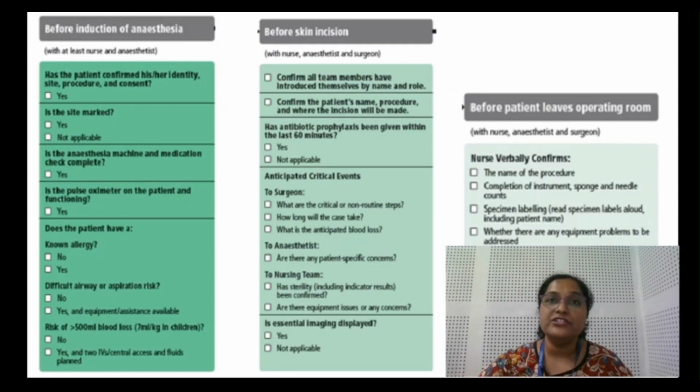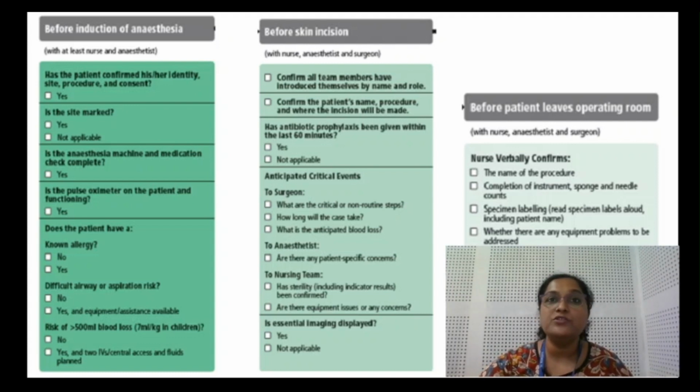The surgical safety checklist includes a list of items which are actions to be performed before induction of anesthesia, before incising the skin, and before the patient leaves the OT. These steps are often termed the sign-in, the timeout, and sign-out, and together they take no more than 4 to 5 minutes.